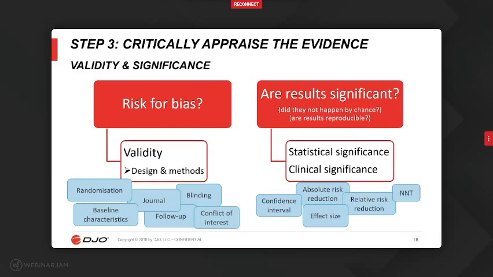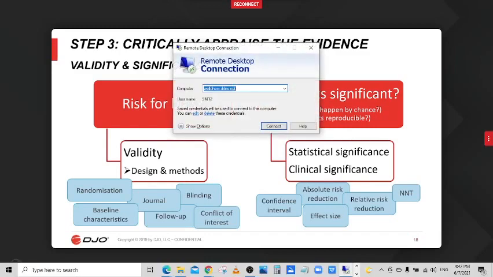This would lead us too far, but some of them will be covered in another training. Of course, we are not statisticians, but we need to have a basic understanding of some concepts in order to be able to discuss statistics of clinical data with a healthcare practitioner. So there are terms like confidence interval, effect size, absolute and relative risk reduction, number needed to treat.